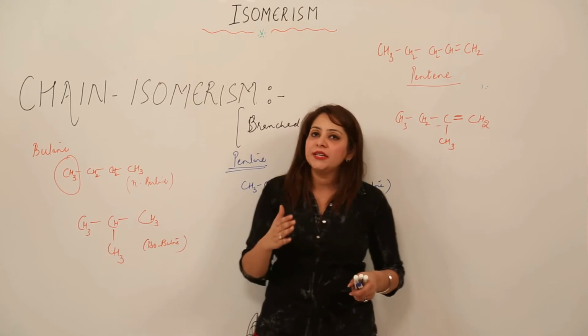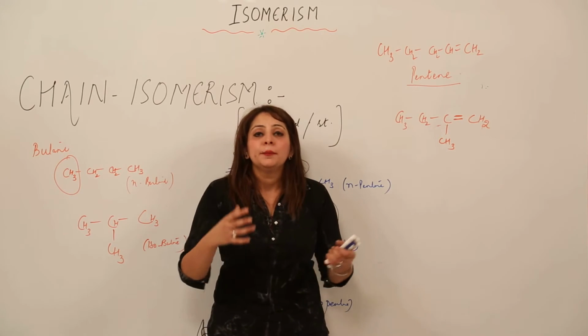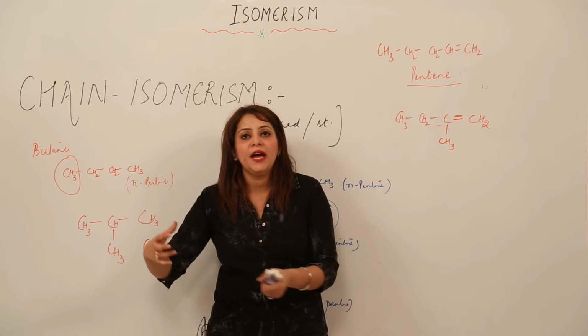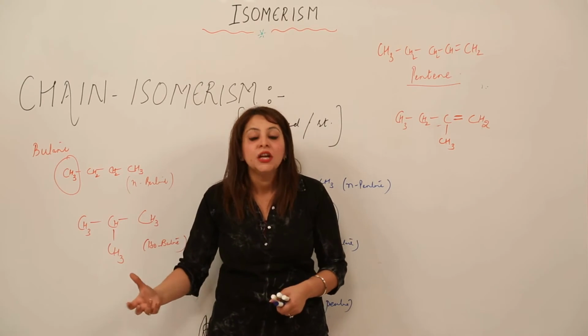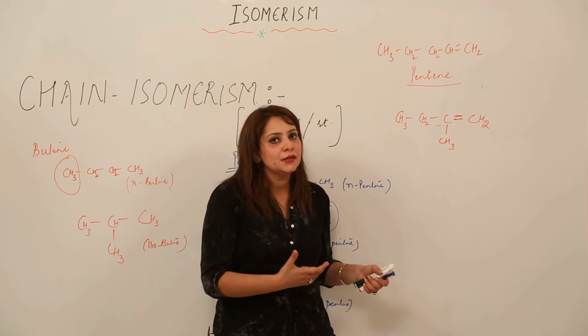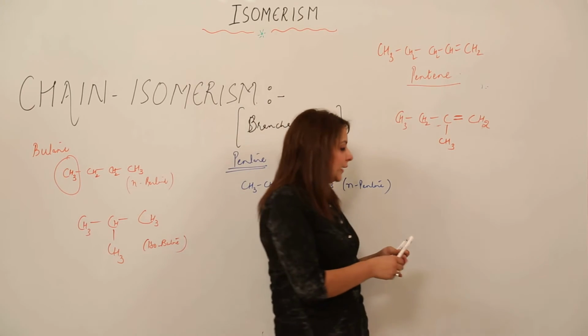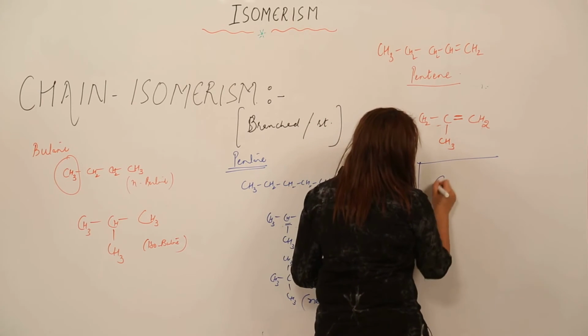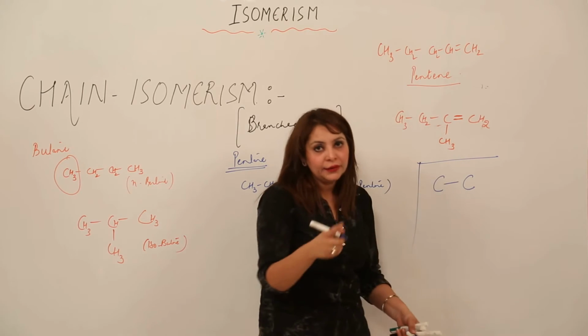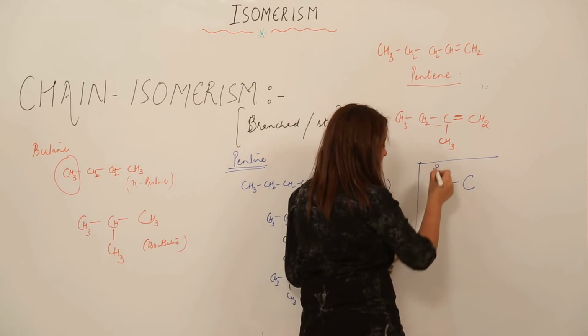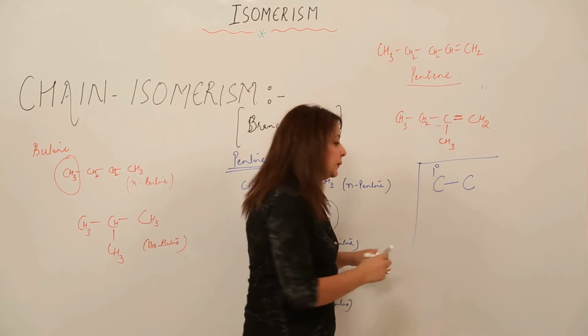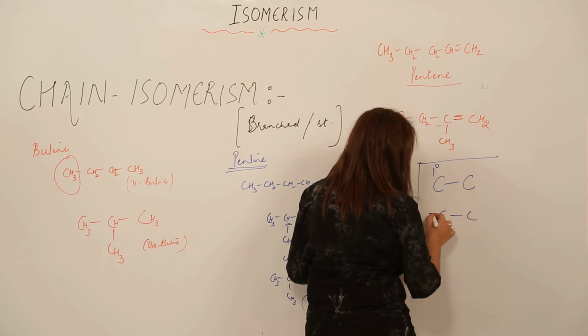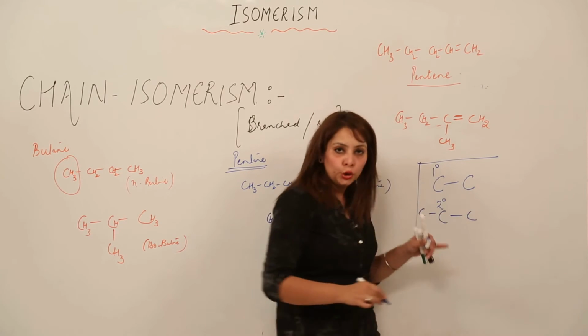And moreover, we did in organic chemistry that we have primary carbons, secondary carbons, tertiary carbons, and quaternary carbons. I think you remember, but still I will review it. Just look at the board. If one carbon atom is directly attached to one other carbon atom, it is said to be 1 degree. If one carbon atom is attached directly to 2 carbon atoms, it is said to be 2 degree.